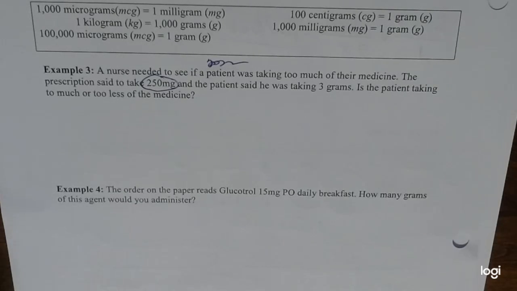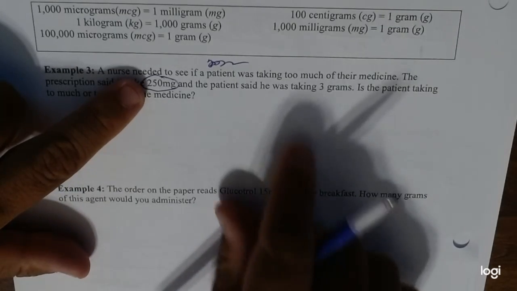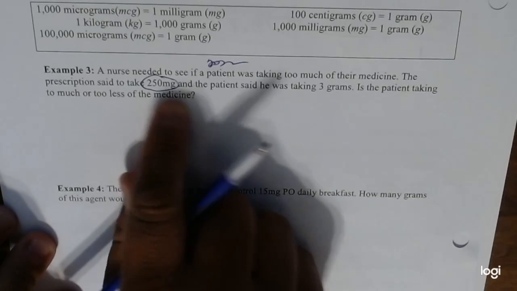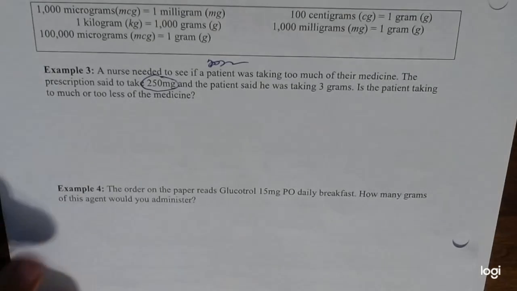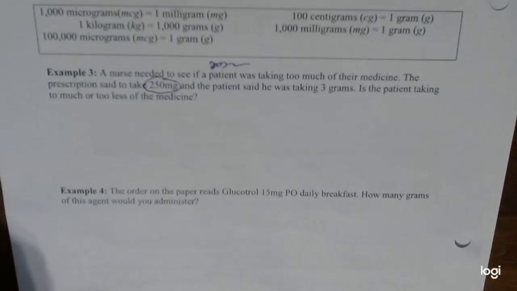Is the patient taking too much or too little of the medication? The prescription says he only has to take 250, and he said he's taking 3 grams. So is he taking more or less than he's supposed to? Well, let's find out. Let's convert this into grams and see what's actually happening.